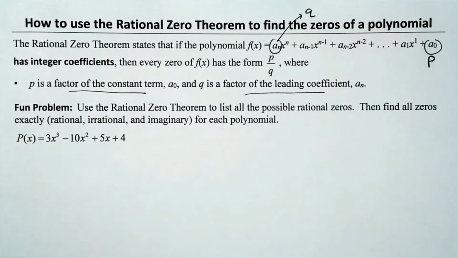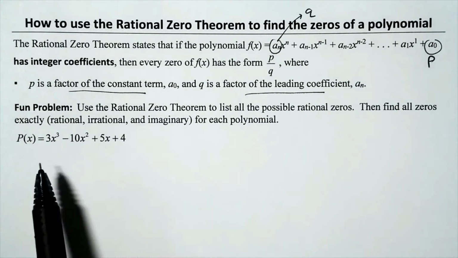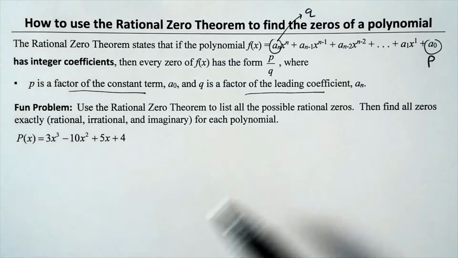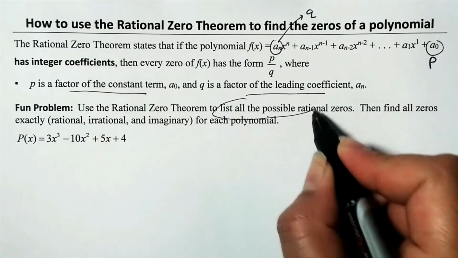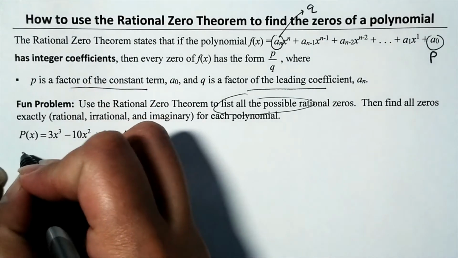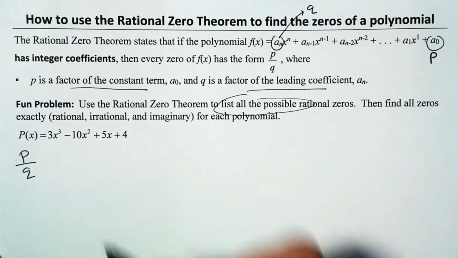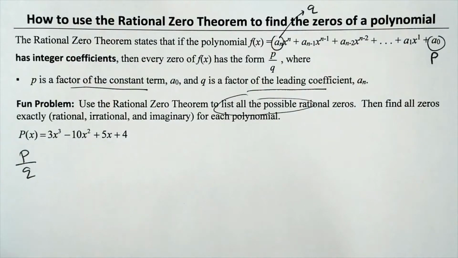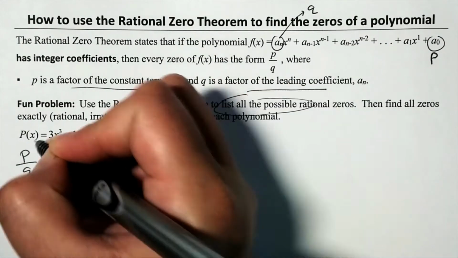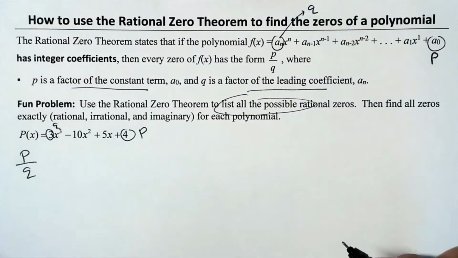So let's do this. We have a polynomial, and we're asked to find all the rational zeros. But before we do, we are asked to list all the possible rational zeros. So let's write the p over q. Every rational zero is of the form p over q, where p represents factors of the constant term and q represents factors of the leading coefficient.